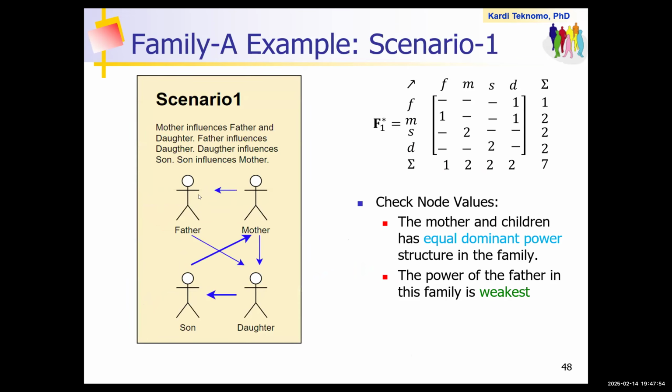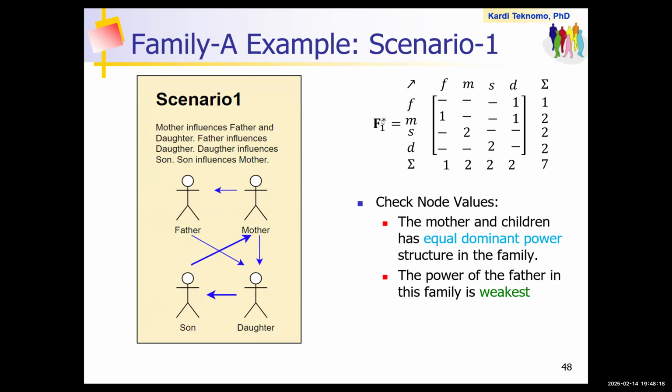The mother influenced the father, the father influenced the daughter, and then the daughter, probably the eldest daughter, influenced the son, and then the son influenced the mother, and the mother influenced the daughter. So this is already irreducible, right? Strongly connected. From one node you can go to any others.